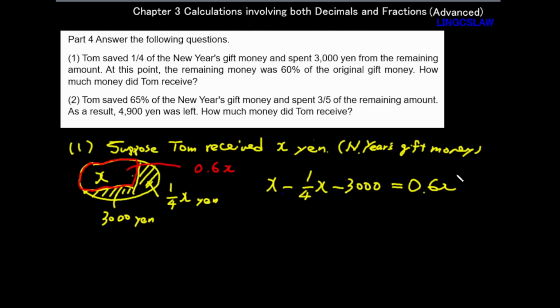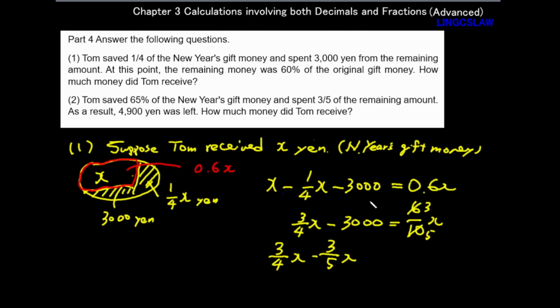So let's solve this equation. X minus 1/4 X is 3/4 X minus 3,000 equals 6/10 X, and reduce this one. Now let's subtract 3/5x from both sides, and also let's add 3,000 to both sides.